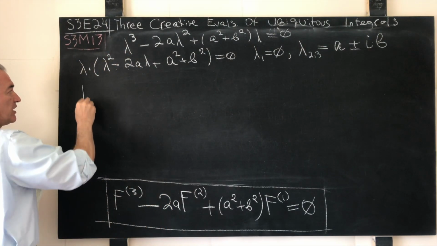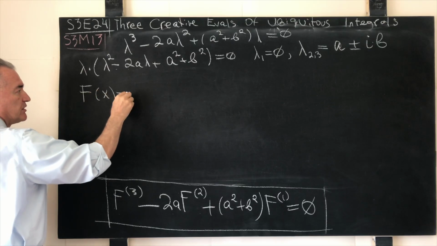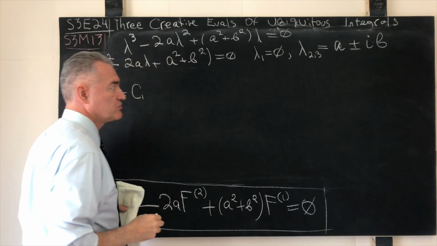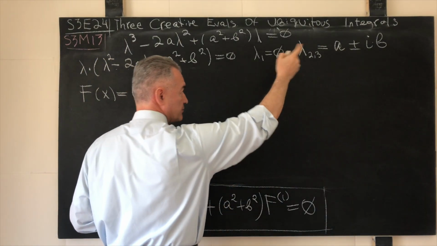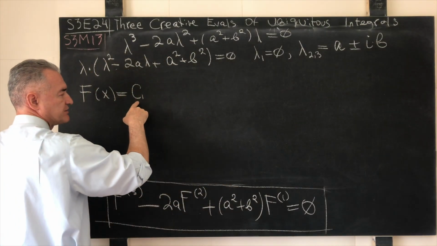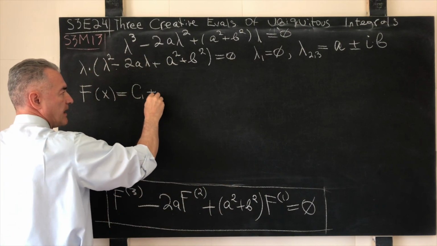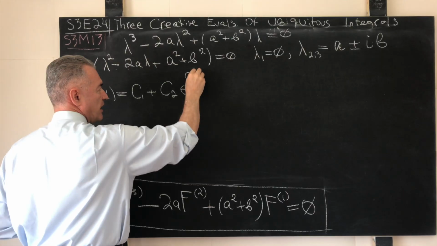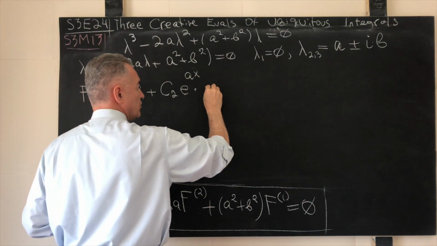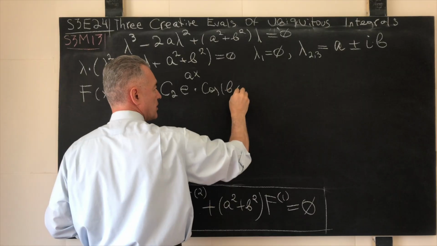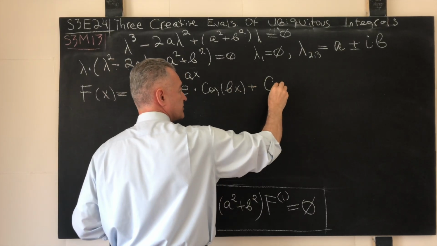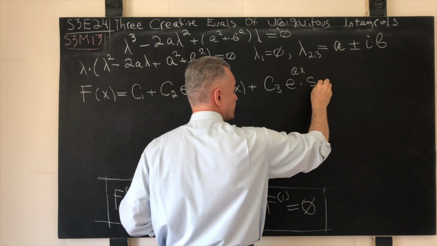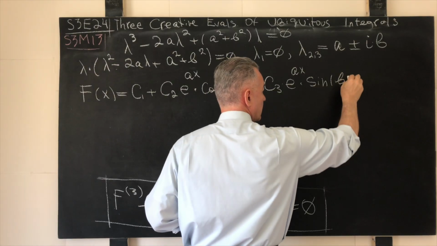So the shape of f of x will be the following: the constant c1 times e raised to the power 0x, that's 1 evidently, so we already have one constant popping out right away, plus the constant c2 times e raised to the power ax times the cosine of bx, plus the constant c3 times e raised to the power ax times the trigonometric function sine of bx.